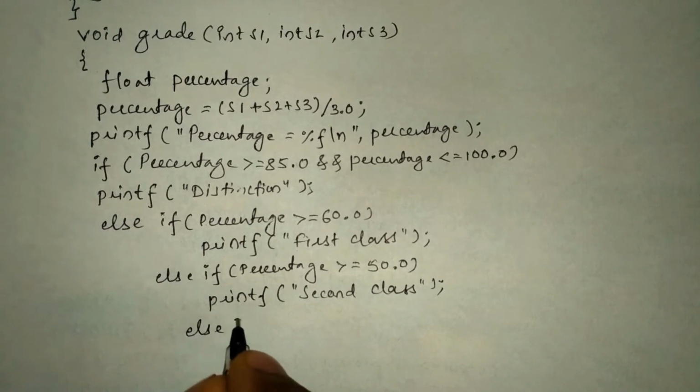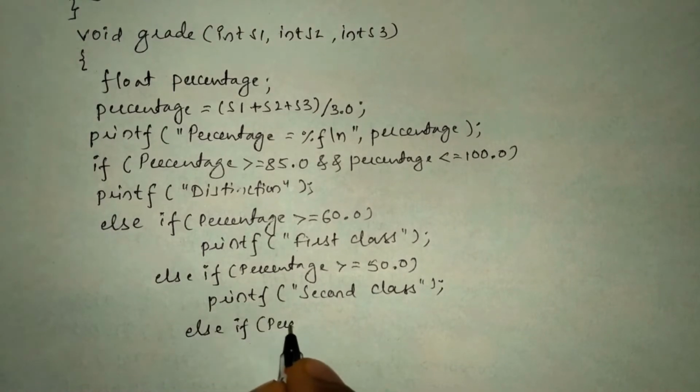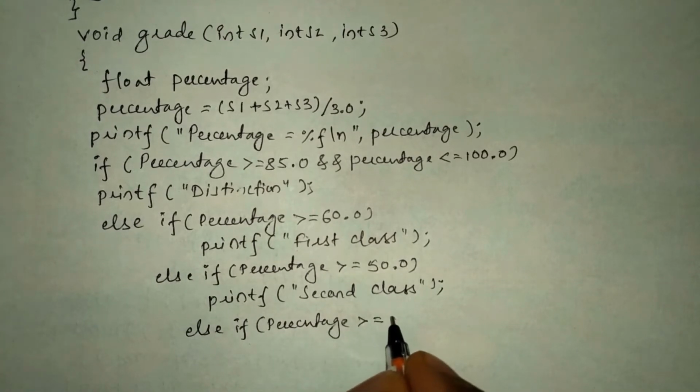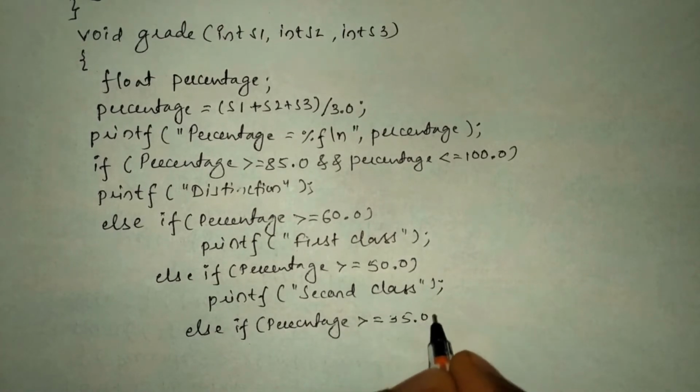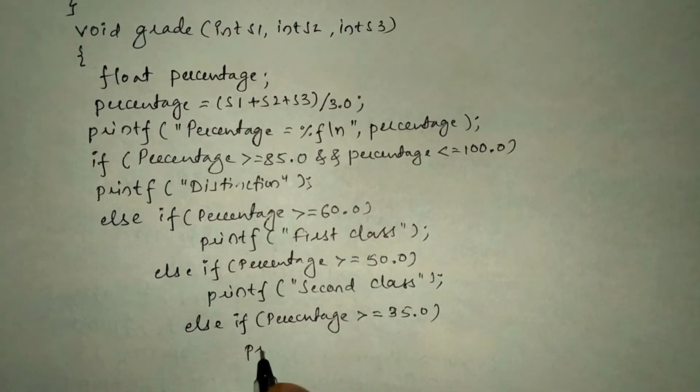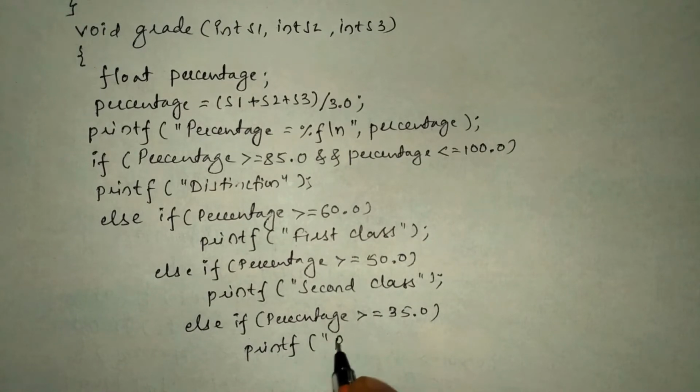Here I'll write else if, and inside of the round bracket I'm going to write percentage greater than or equal to 35.0. Next here we need to write printf statement, and in the double quotation mark I need to write pass class, end the double quotation mark and put semicolon.